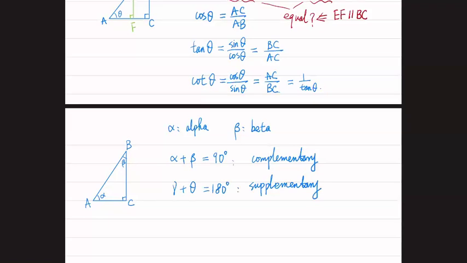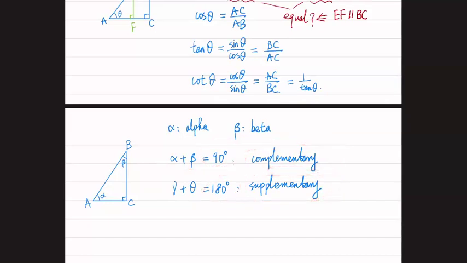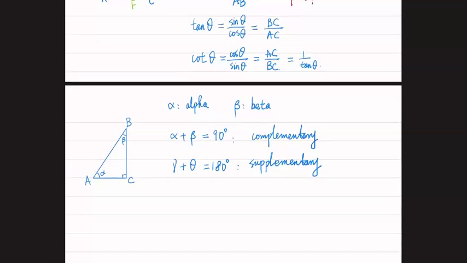Okay, so the difference and the similarity between the two. Complementary addition is 90 degrees. Supplementary addition is 180. Let's see. For this angle alpha, we compute sine alpha, cosine alpha.